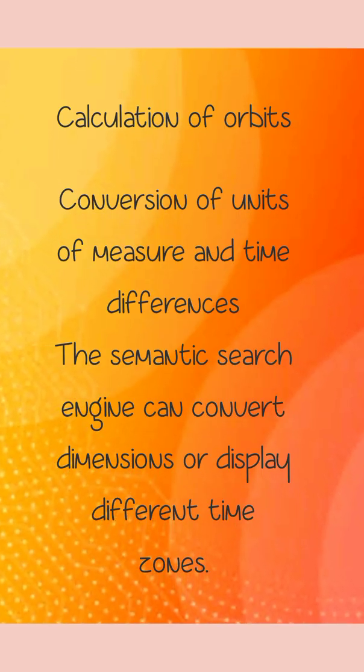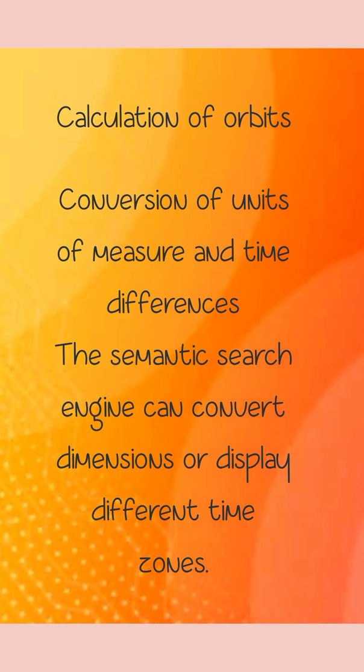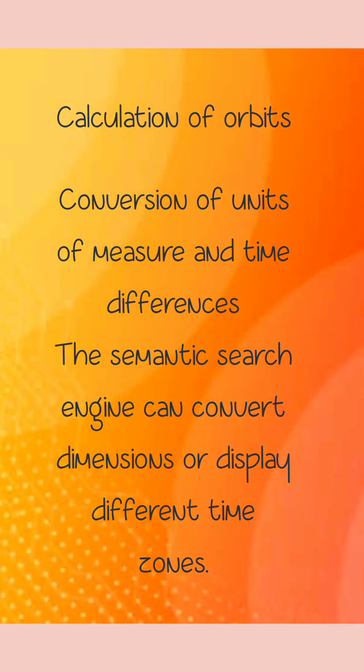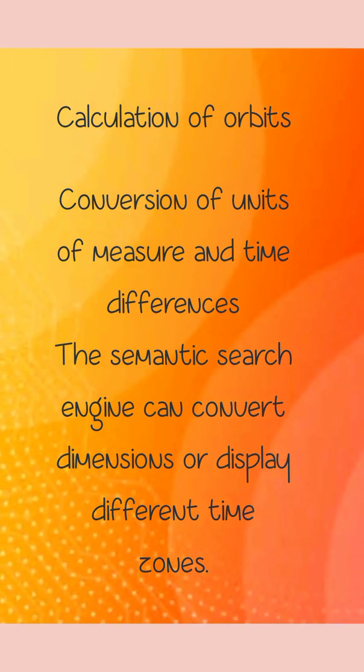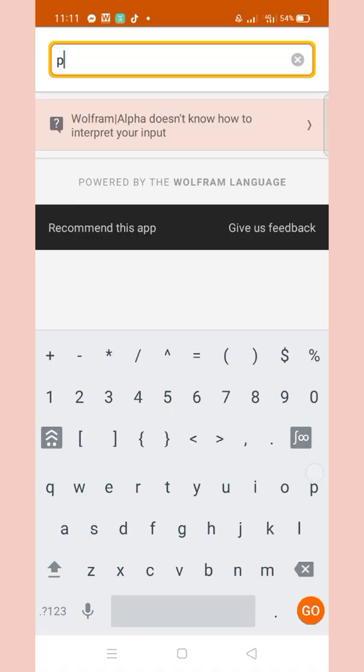Other features are calculation of orbits, conversion of units of measure and time differences. The semantic search engine can convert dimensions or display different time zones. For example, we want to check the Philippine time zone.